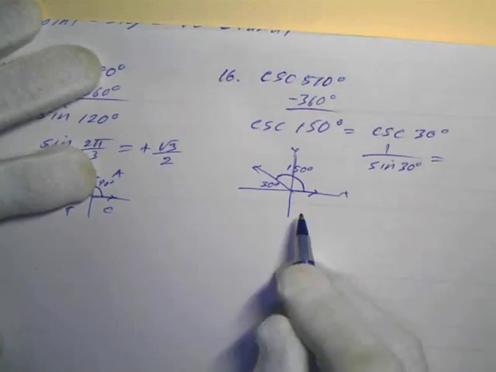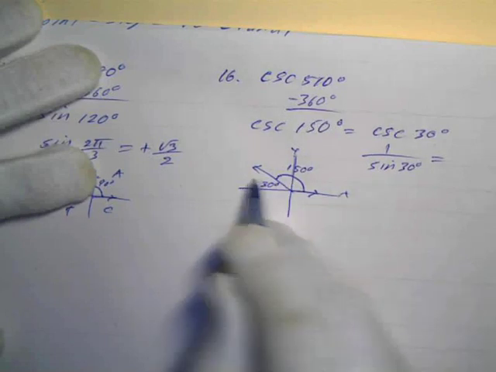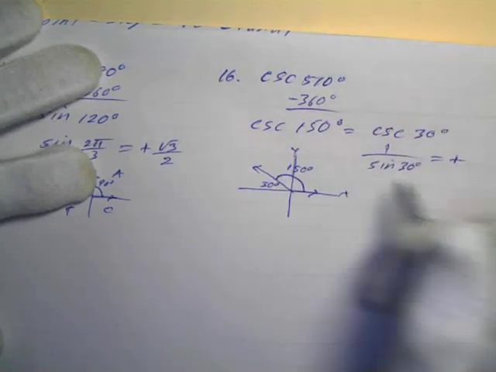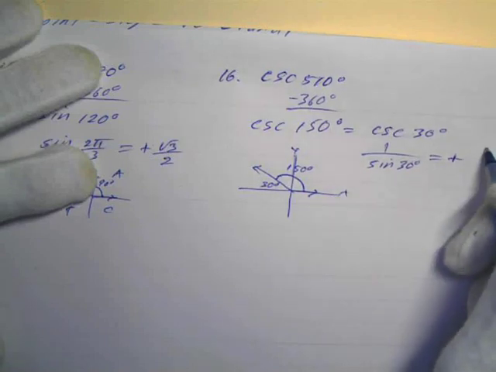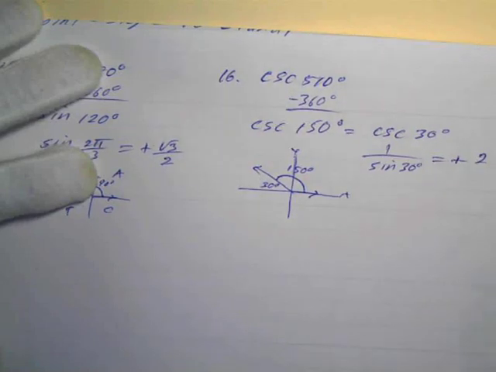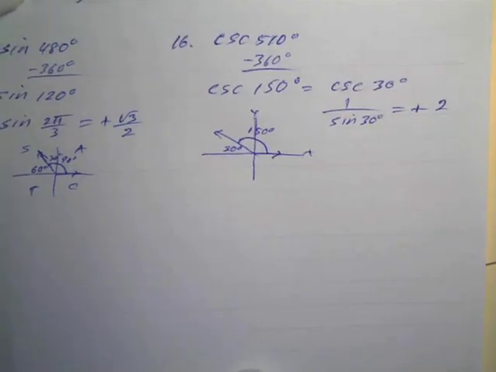And the sine of 30 degrees is, first of all, in the second quadrant, so it's going to be positive. And the sine of 30 degrees is 1/2. Right? So it's going to be 2 over 1, so it's just positive 2. Is that all right? That makes sense.